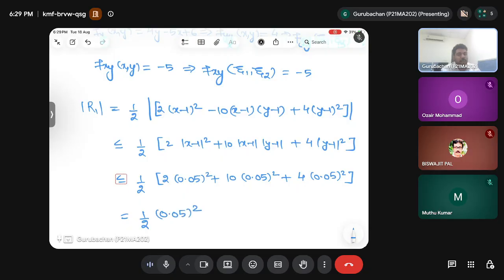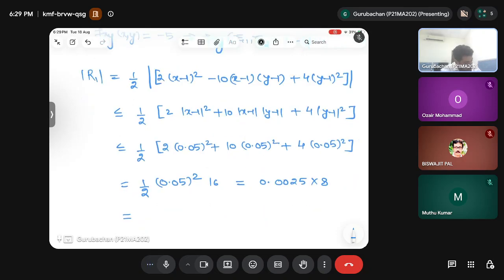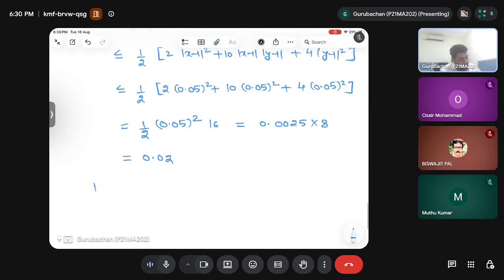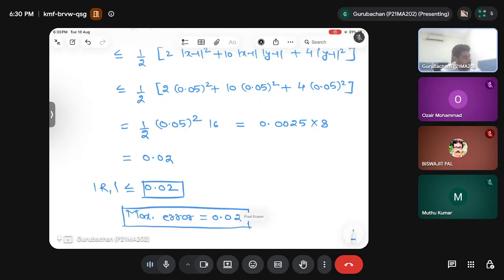When you add all these, it will be 16, so it will be 0.0025 into 8, and this value will be 0.02. So your remainder term maximum error will be nothing but 0.02. Is it clear to everybody?